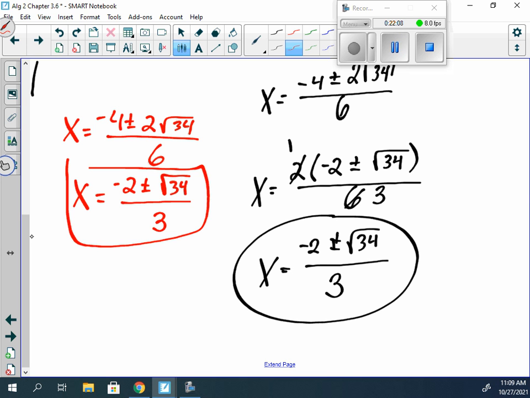And that's really only if there is a greatest common factor among all 3. It has to be the top 2 and the denominator. If it's only 2 of them, the first number and the denominator do share a common factor, but the other one doesn't, we'll just leave it alone. Any other questions on this?